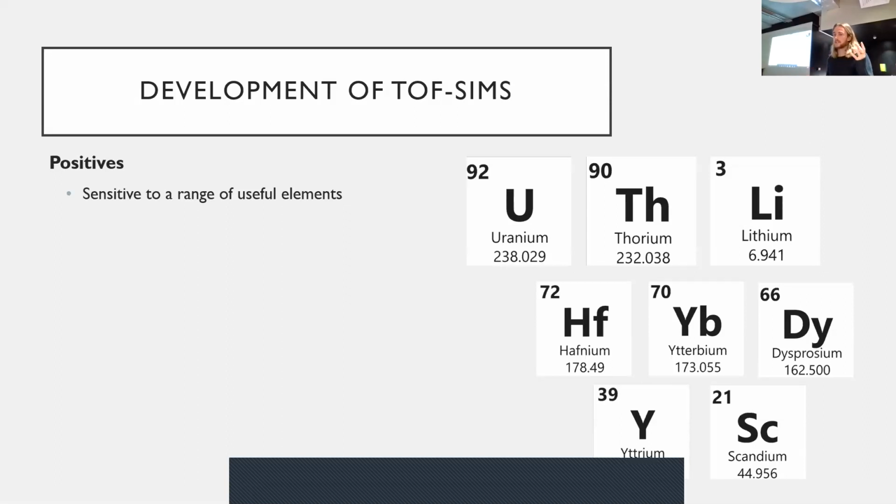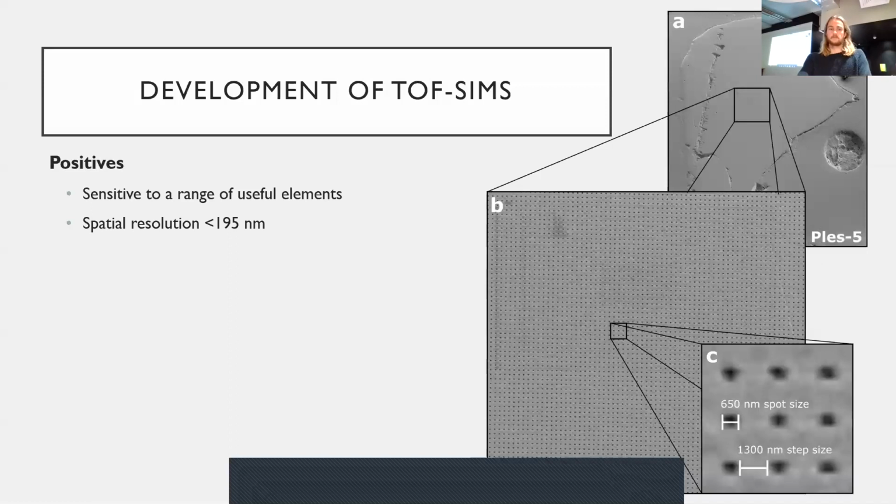And notably, it is very sensitive to lithium in zircon and in other minerals as well. So that's great. Its spatial resolution is among the highest resolution of any analysis of any mineral, which is crazy. Excluding imaging individual atoms with atom probe tomography, it's among the highest of any analysis.